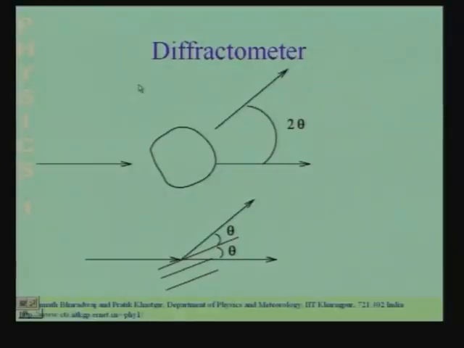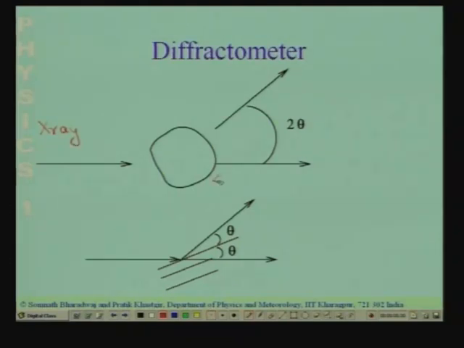So, there is a device called an X-ray diffractometer, and let me briefly explain this X-ray diffractometer. So, we have X-ray incident. There is X-ray which is incident on the sample.